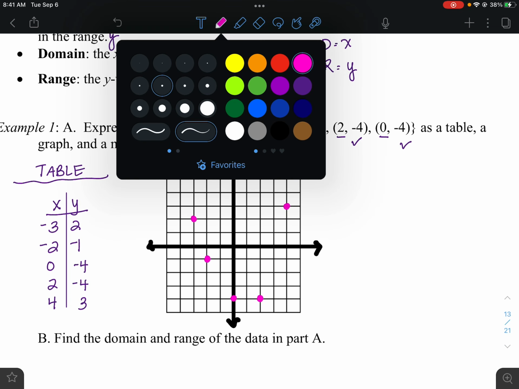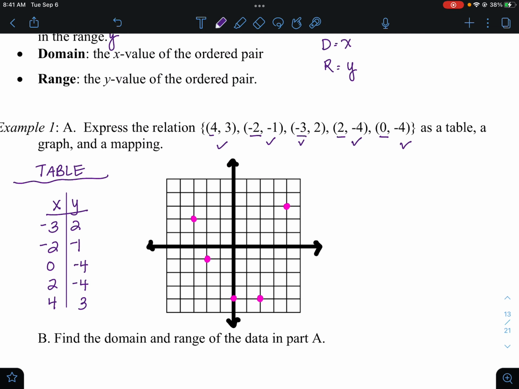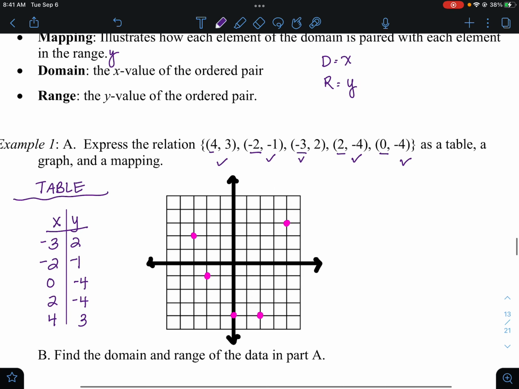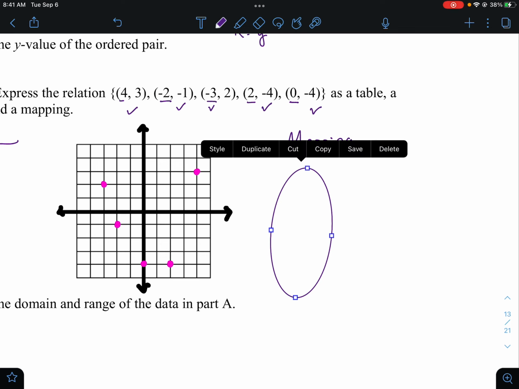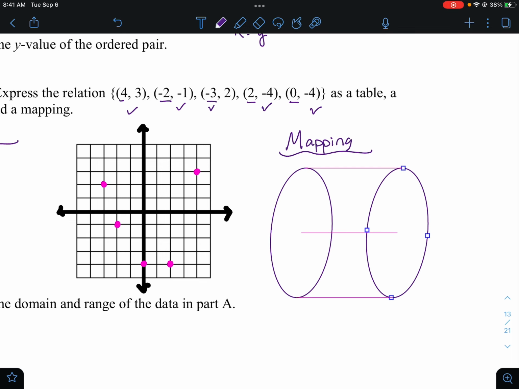Now, finally, our mapping. Mapping is something you might forget because it is super easy. I'm going to make 2 of them to make it easy.